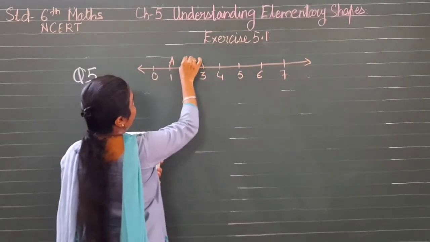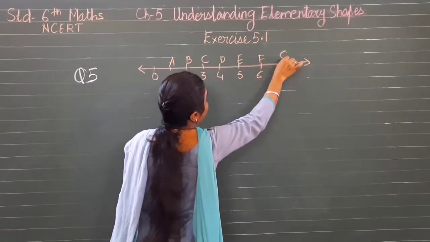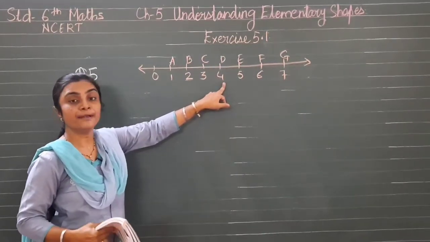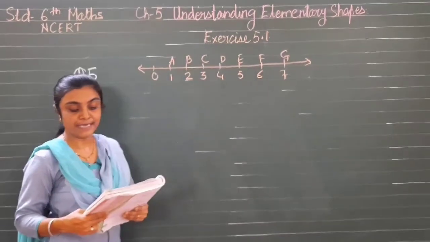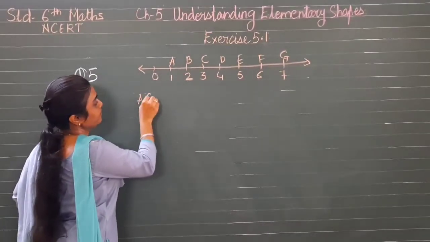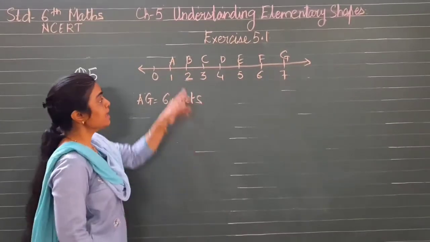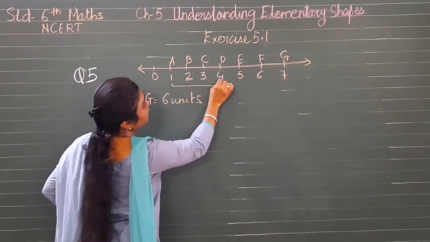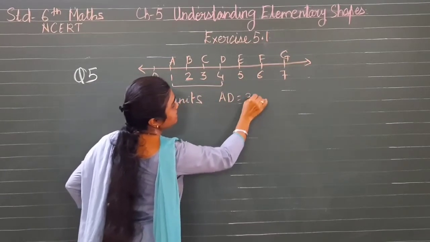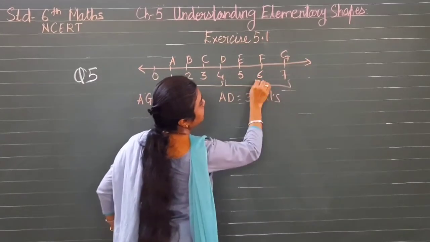The points are given: A, B, C, D, E, F and G. Now A to G has 6 units. From A to D, 1, 2, 3, AD is 3 units, and from D to G it is again 3 units.